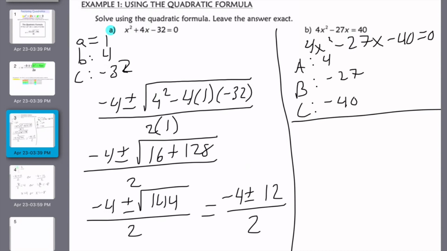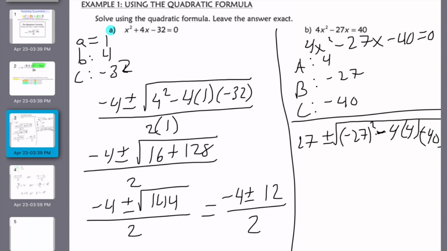So let's put this in the quadratic formula. So I have the opposite of my B value, so 27 plus or minus the square root of negative 27 squared minus, oops, that's a minus sign, 4 times 4 times negative 40, and all of this is underneath the radical, all of that over 2 times my A value, which is 4.